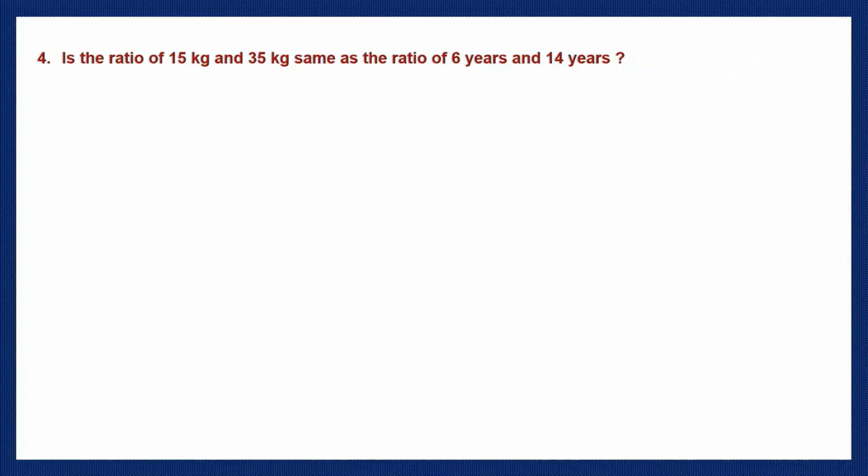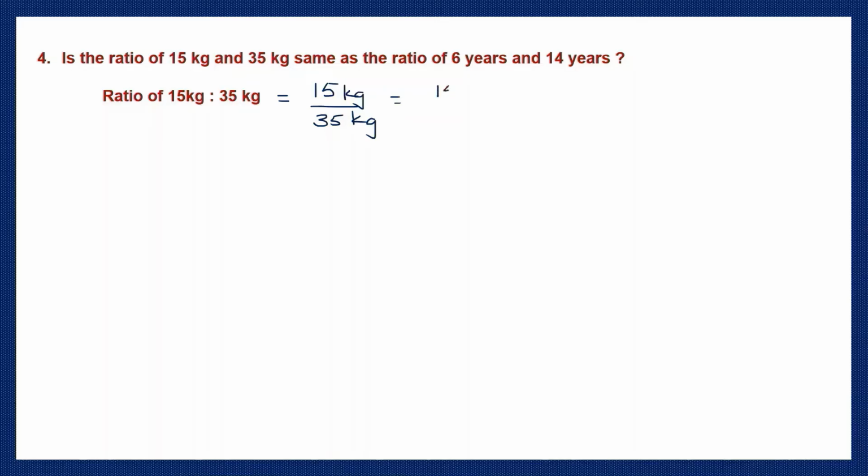Question 4. Is the ratio of 15 kg and 35 kg the same as the ratio of 6 years and 14 years? Again, they have to be equivalent. So let's check and see if they are equivalent. What is the ratio of 15 kgs to 35 kgs? Let's work that out. So that will be 15 kg by 35 kg. When we write it as a ratio, remember we don't use the unit.